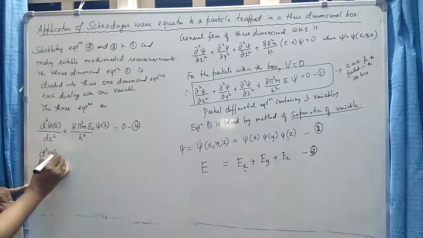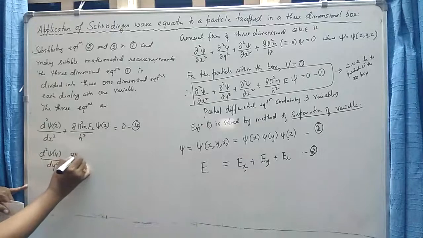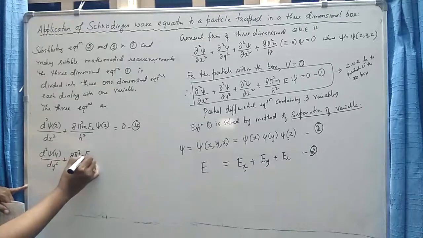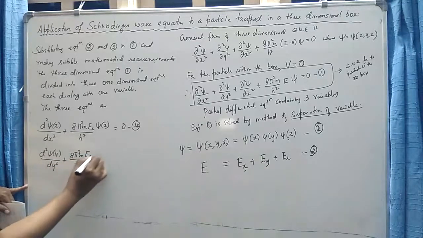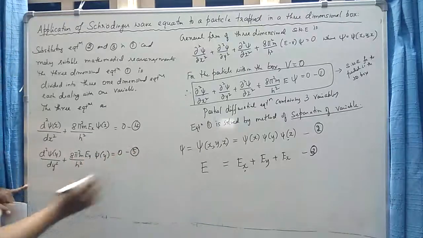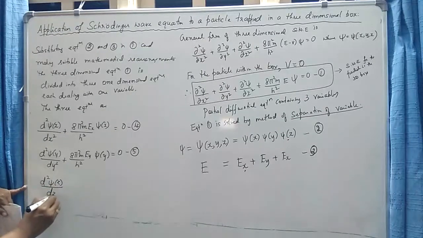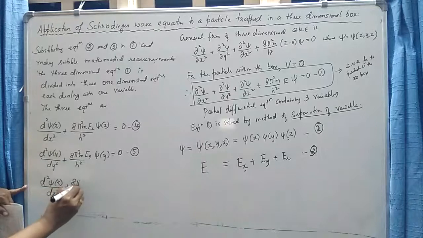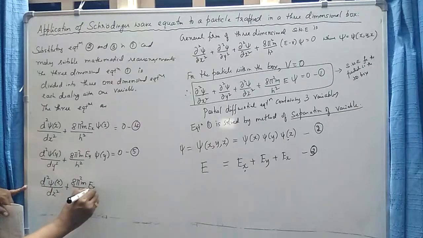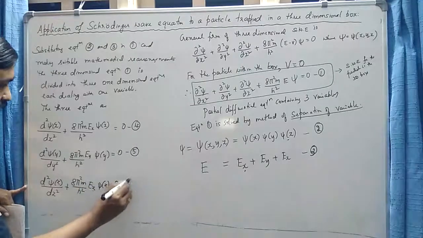Similarly, d square psi of y divided by dy square plus 8 pi square m into Ey divided by h square into psi of y is equal to 0. The final equation, d square psi of z divided by dz square plus 8 pi square m divided by h square into Ez into psi of z is equal to 0.